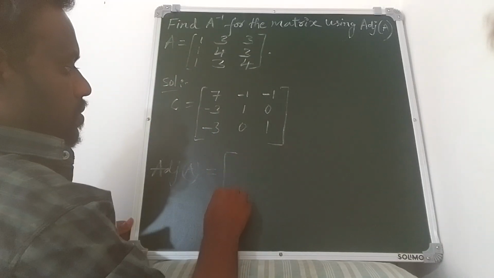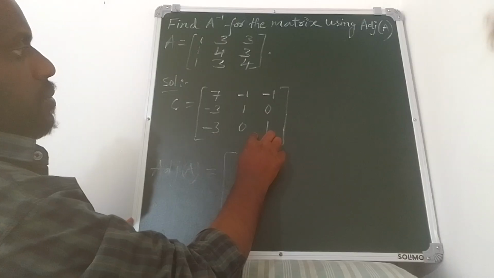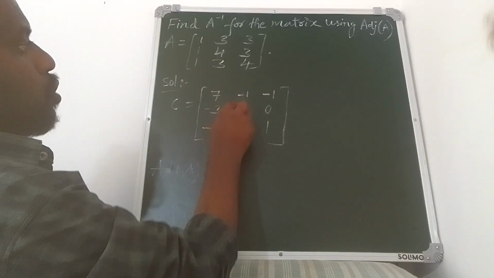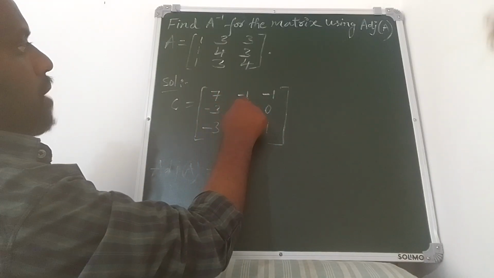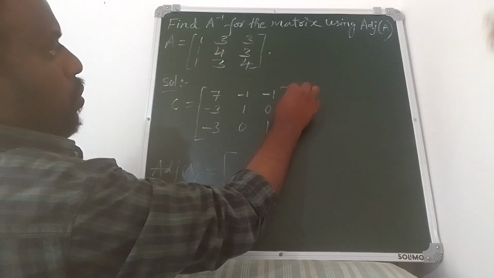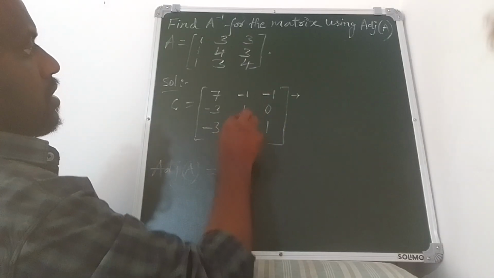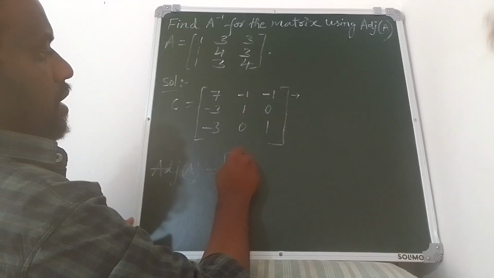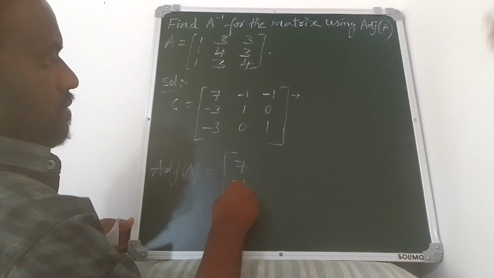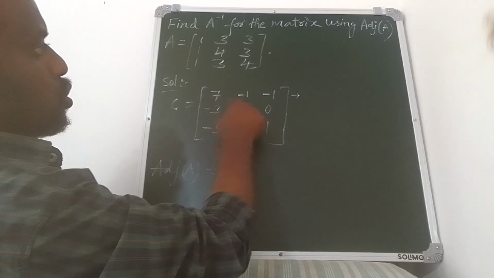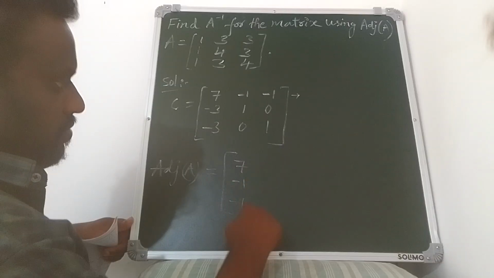Now we need to write the transpose of this matrix. That means row will become column. 7, -1, -1 is a row, so write this as a column. 7, -1, -1. So this row became a column.